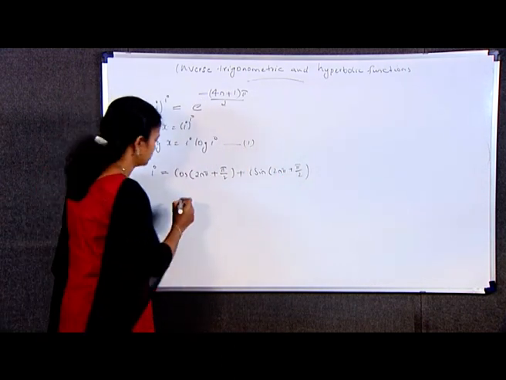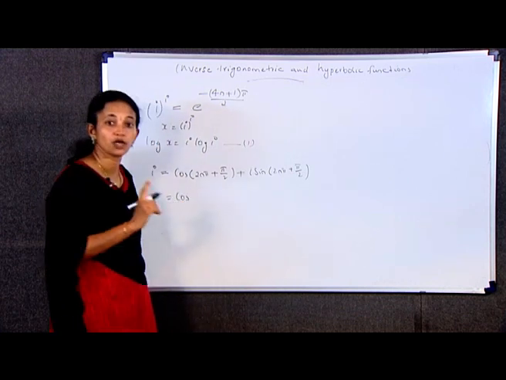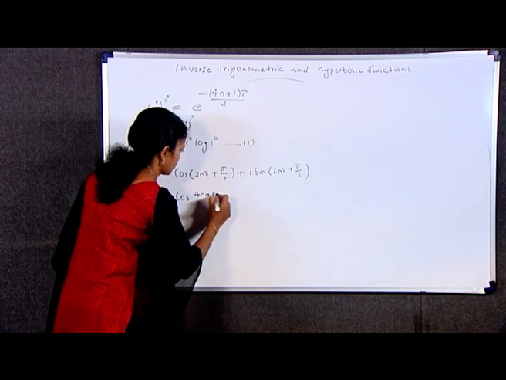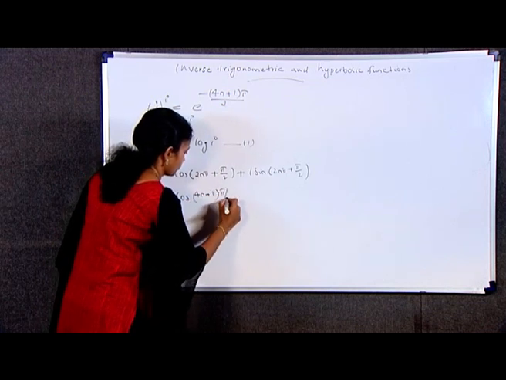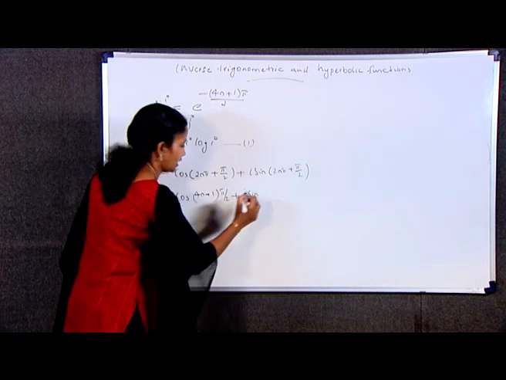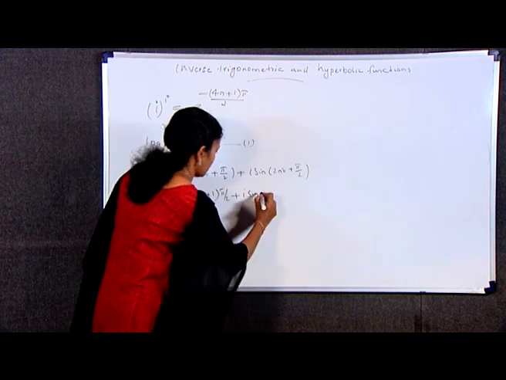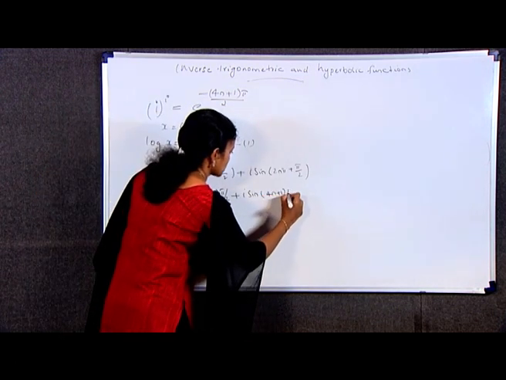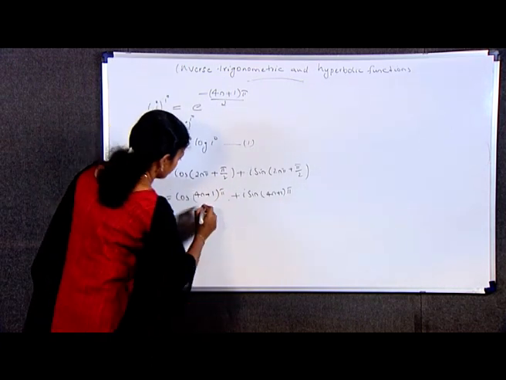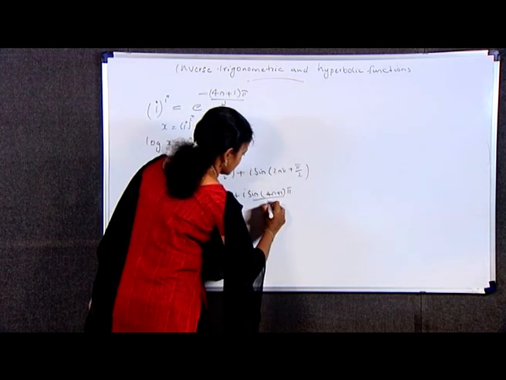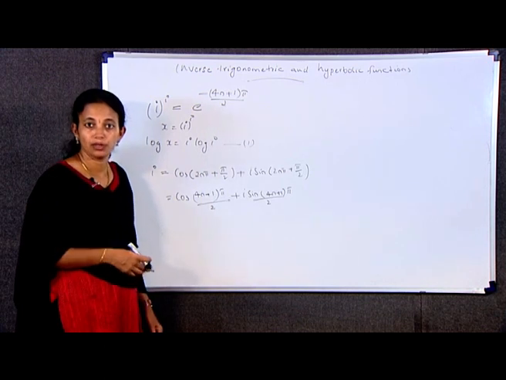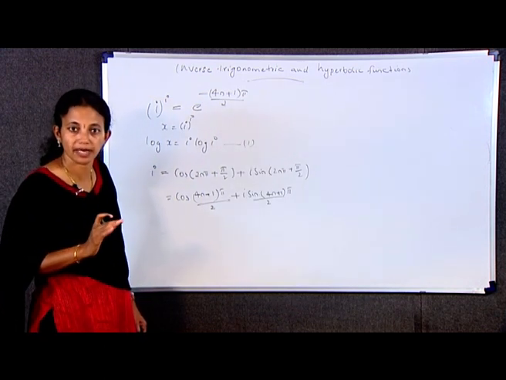This is equal to cos((4n plus 1) pi by 2) plus i sin((4n plus 1) pi by 2).